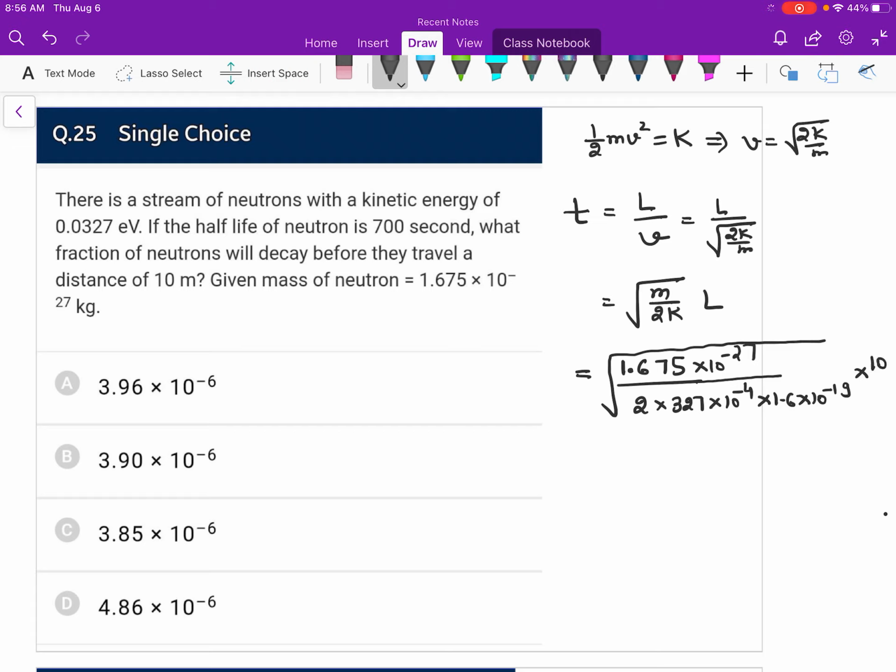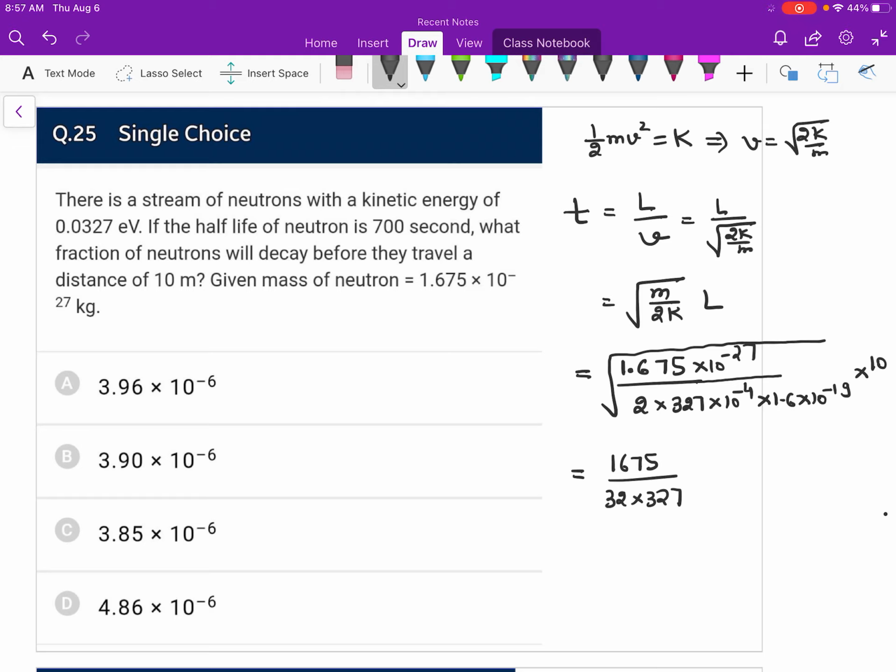All right, so let's settle the exponent first. 19, 4, 23, 27, 10 to power minus 4, so 10 to power minus 2. Okay, so 10 to power minus 2 and 1.675, so 10 to power minus 5, 10 to power minus 4, so this is 1675 upon 32 into 327.